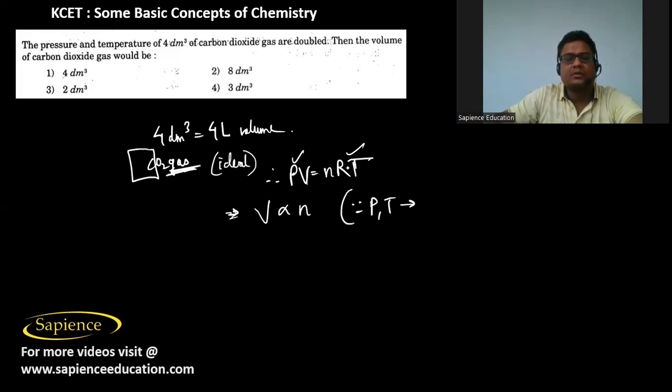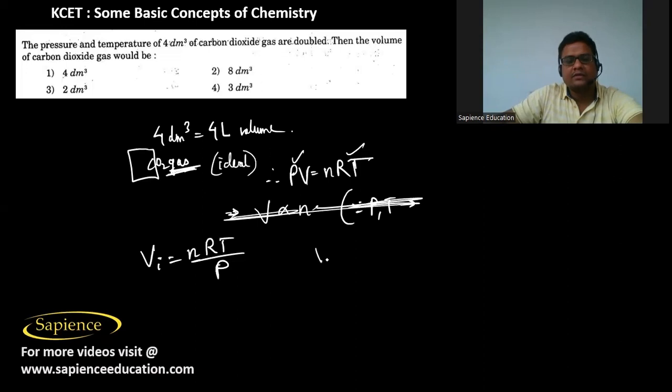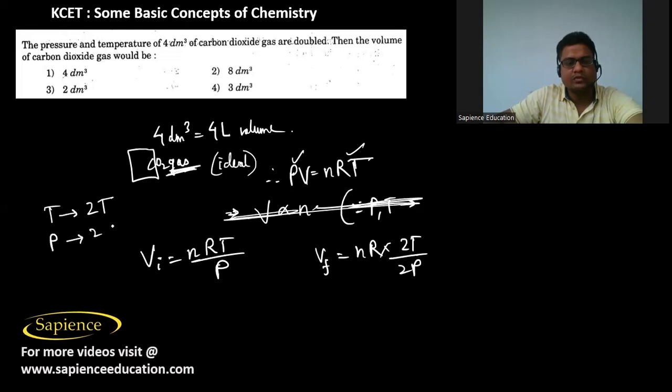Okay, no, pressure and temperature are not kept constant here. So the initial volume is nRT by P, and V final will be nR into 2T by 2P, since the temperature is doubled, so T goes to 2T, and the pressure is also doubled, so P goes to 2P. So 2P is the final pressure.